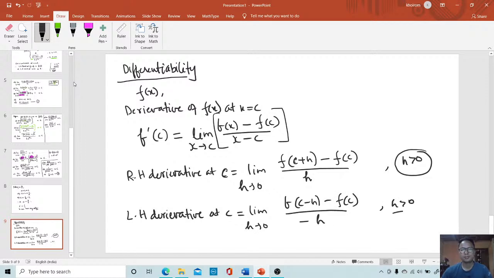So you have to understand this case: the plus and the minus. The method for the left hand derivative is the same as for the right hand one, with only a minor difference.